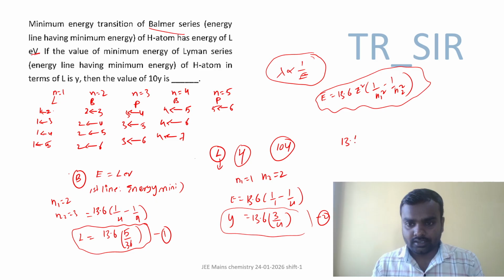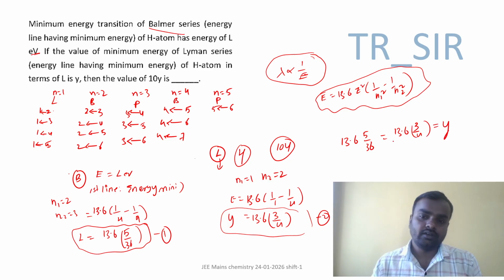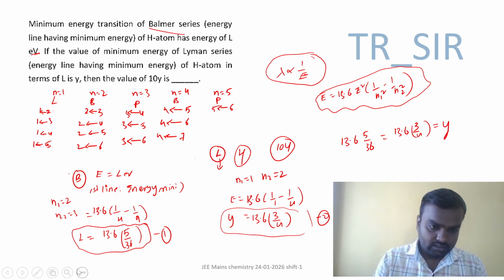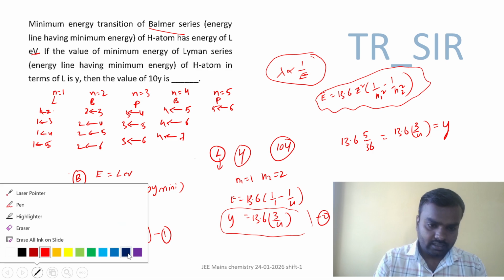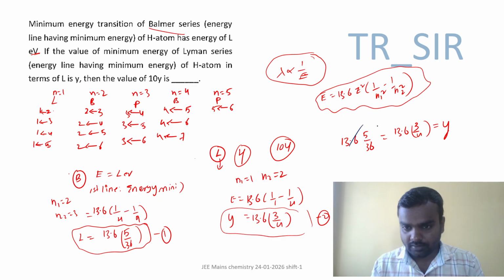So 13.6 times 5 by 36 is equal to 13.6 times 3 by 4 equals Y. That is where you get the Y. So 13.6 cancels out, and 4 nines are 36 cancels out. Bring this one here.